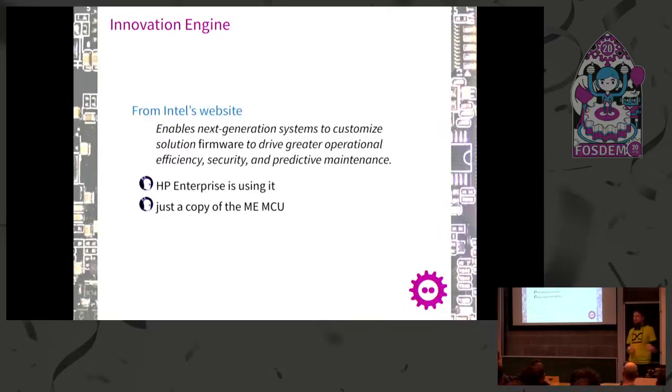I've only found it in this one picture I just showed you. From what I've been told, HP Enterprise is using it for some purposes, and it's really just a one-to-one copy of the management engine, which is why I'm mentioning this. So we can monitor what's happening over time and see if they still exist side by side or if they diverge over time. But yeah, this is where it's starting now.